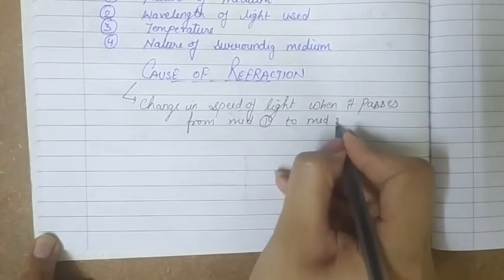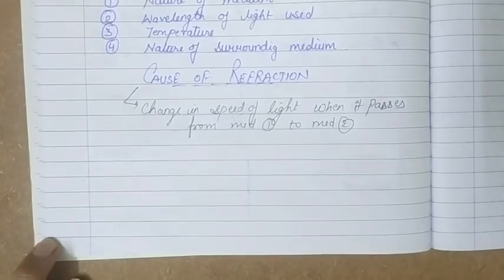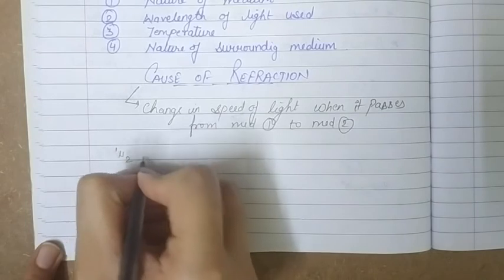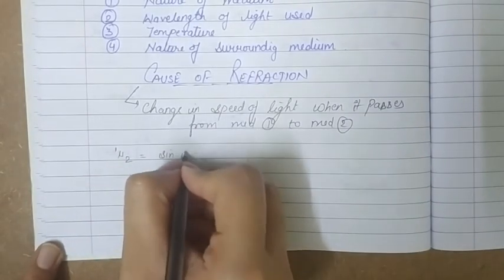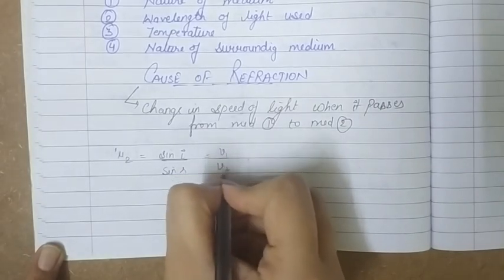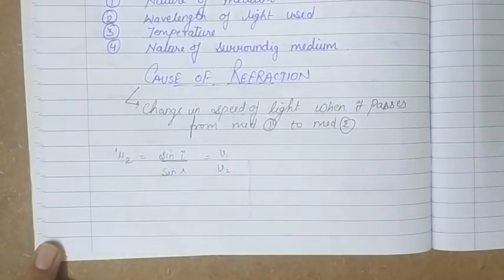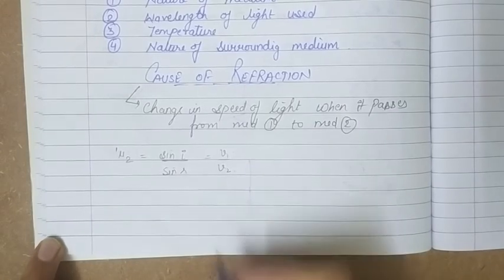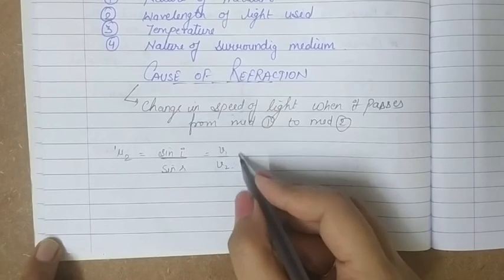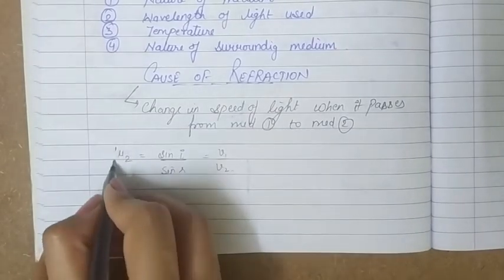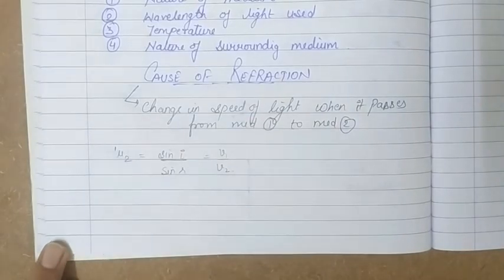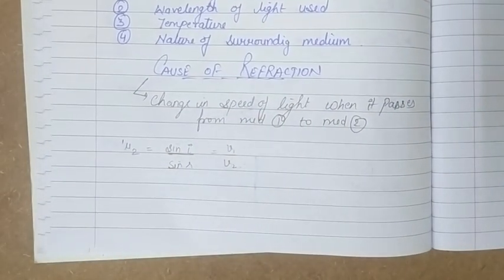So the reason is change in speed of light, and what it signifies is if the refractive index 1μ2 is given as sin i upon sin r and is equal to v1 upon v2, that means light is passing from medium 1 to medium 2, then this change in speed is responsible for the phenomenon of refraction. Its ratio is given as refractive index, and this refractive index represents whether the medium is denser or rarer.